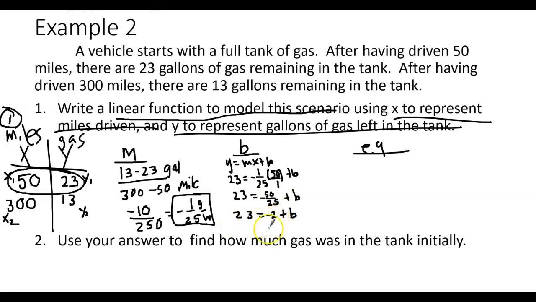And if I add 2 on both sides of this equation to solve for b, I get 25. So now I have a slope of negative 1/25, which means that I'm losing 1 gallon every 25 miles, and I have a y-intercept of 25. So my equation will be y equals negative 1 over 25x plus 25.